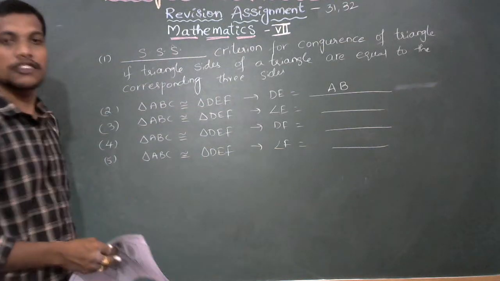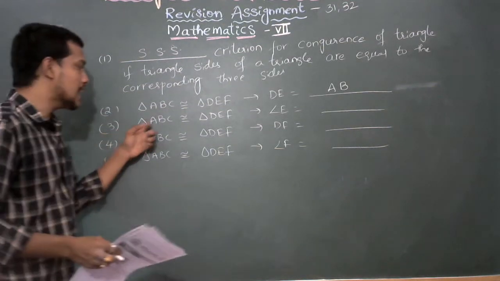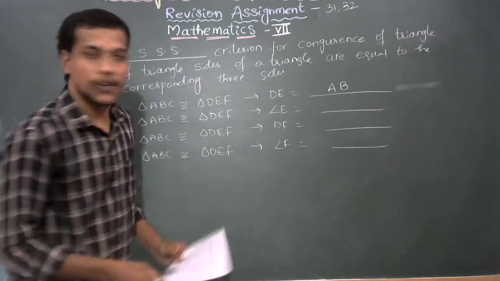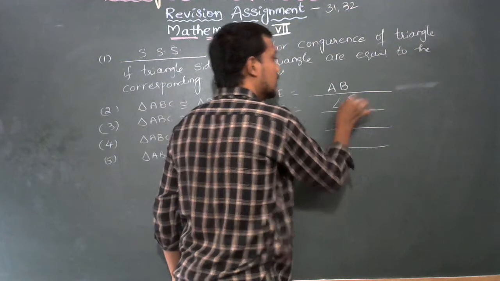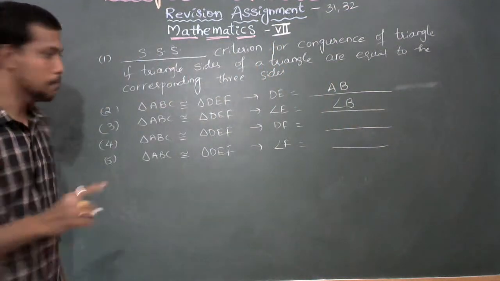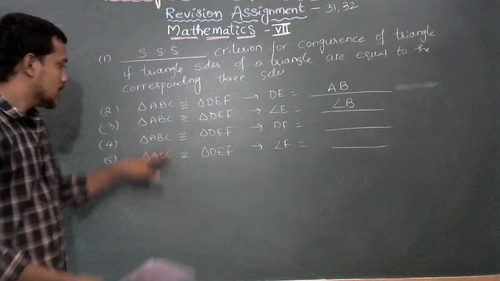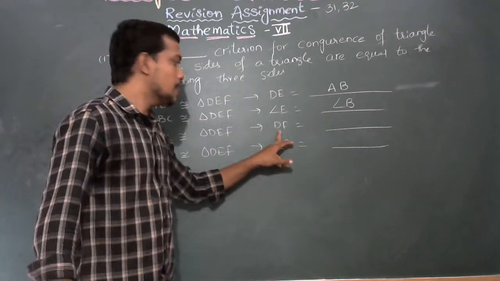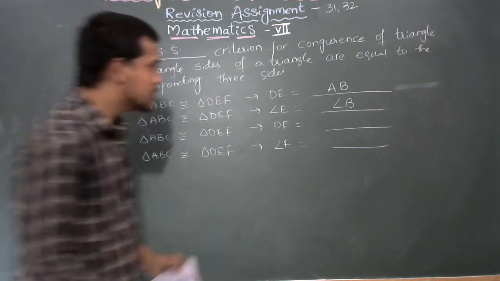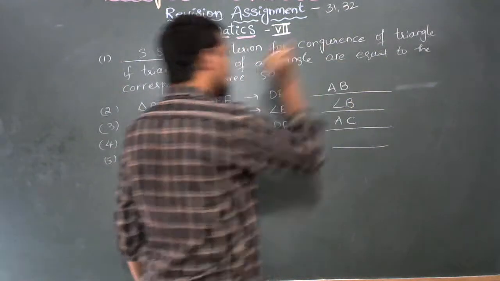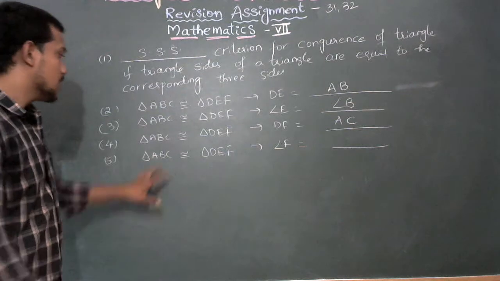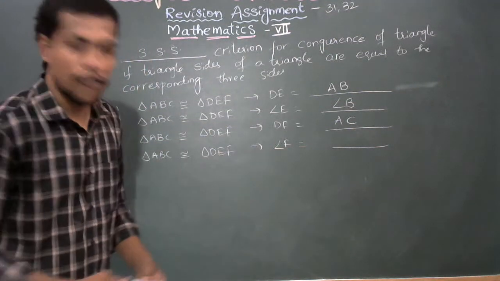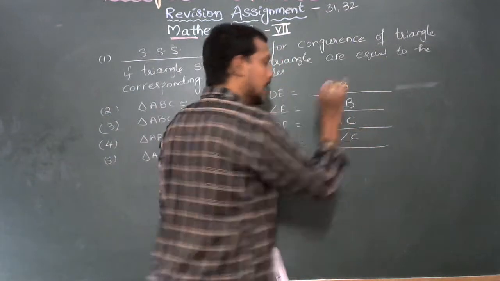Third question: triangle ABC is congruent to triangle DEF, angle E equals angle B. Fourth one: triangle ABC is congruent to triangle DEF, so DF is equal to AC. Triangle ABC is congruent to triangle DEF, so angle F is equal to angle C.